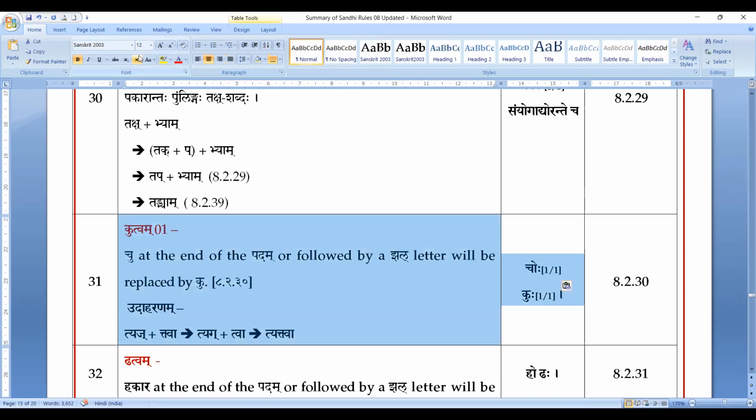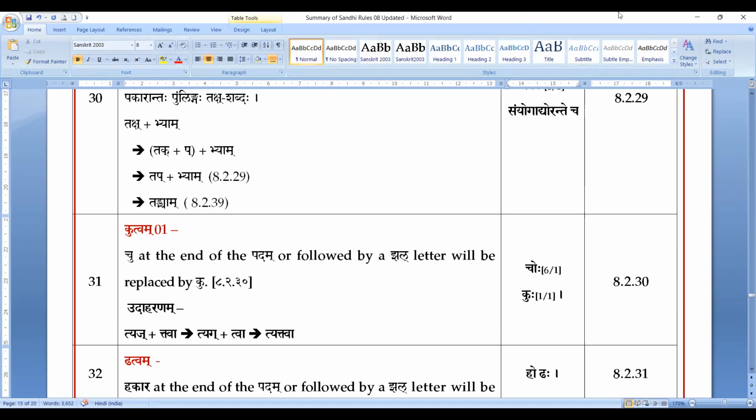But Choho is what vibhakti? Shashti vibhakti. Therefore, Sthani. Choho is the Shashti vibhakti ekavachanam of Chu Shabda, like Guru Shabda, Guroho. Choho Kuhu. That is, Chu will be replaced by Ku. Chavarga will be replaced by Kavarga.